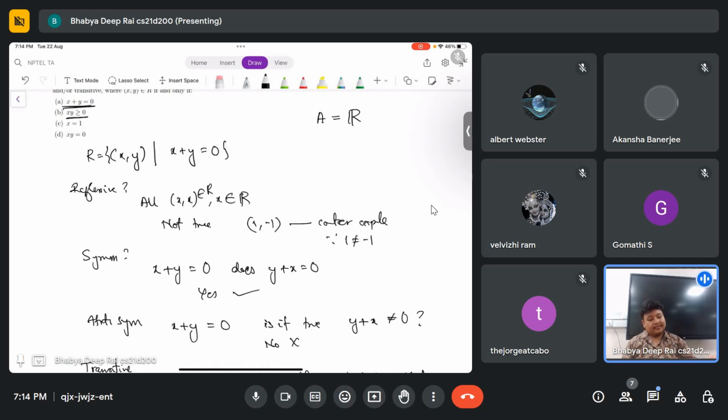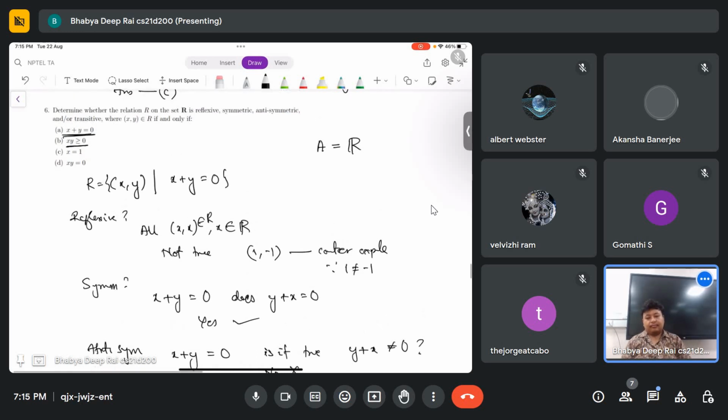The full relation is, (x, y) is in R if and only if x times y is greater than or equal to 0.